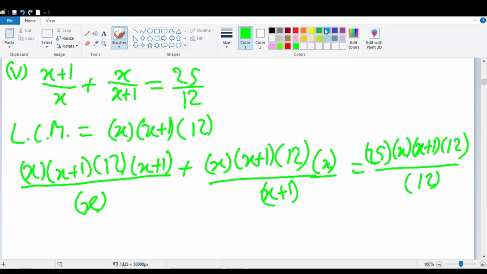So this x and this x cut out, and this x plus 1 and this x plus 1 cut out, and this 12 and this 12 cut out.